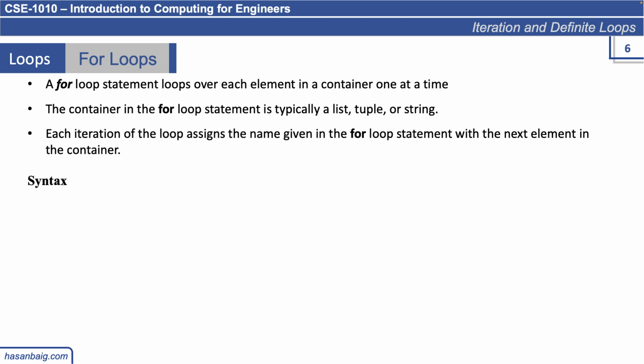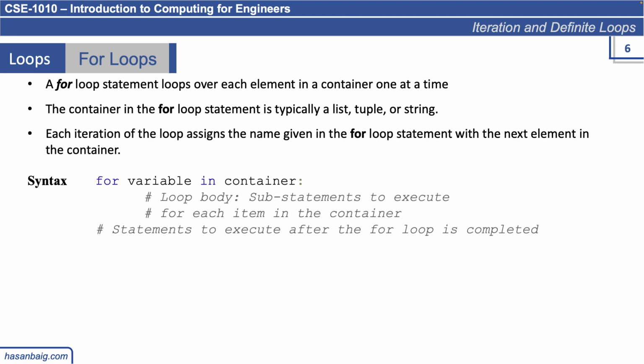Let's see the syntax first. In the for loop, first of all we need to specify the container, and we may have like 5 elements or 10 elements in the container. During every iteration of this loop, it will iterate the piece of code that is written here the total number of times, which is equivalent to the total number of elements in the container.